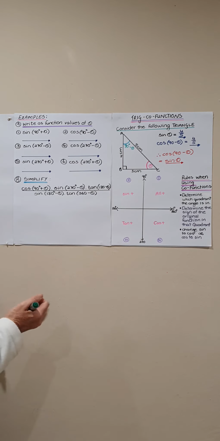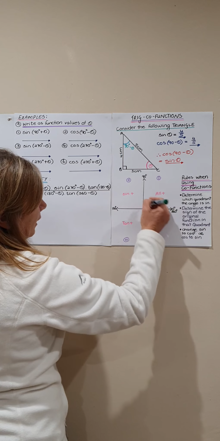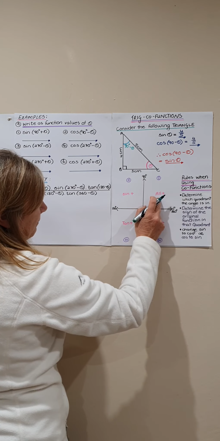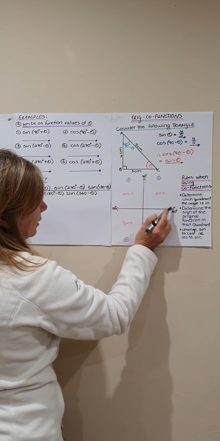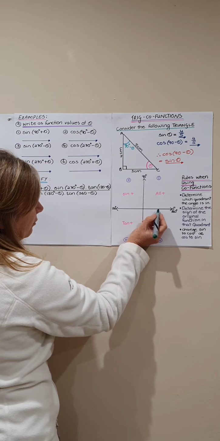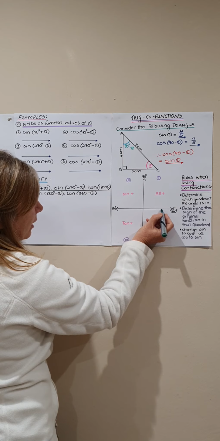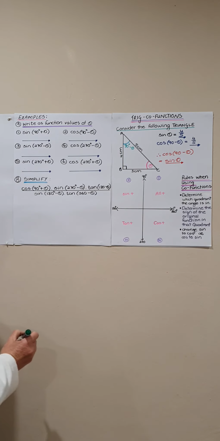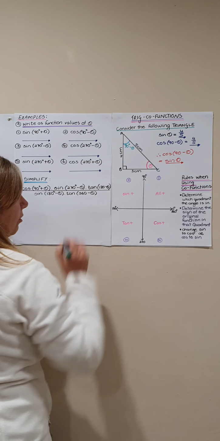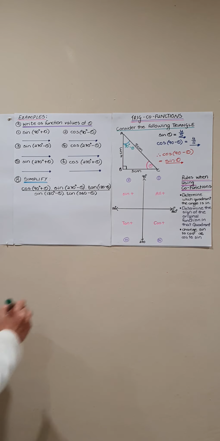Remember, I said to you that in the first quadrant all the angles were positive and all of the angles were acute because it's between 0 degrees and 90 degrees. Remember, an angle is always measured from the x-axis in an anti-clockwise direction. Now an angle in the second quadrant, if we want to make it an acute angle, what did we say?